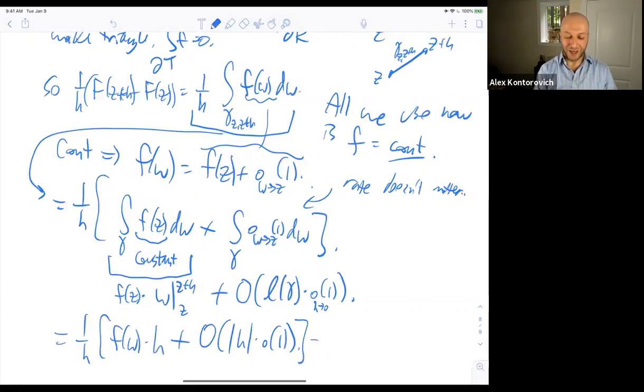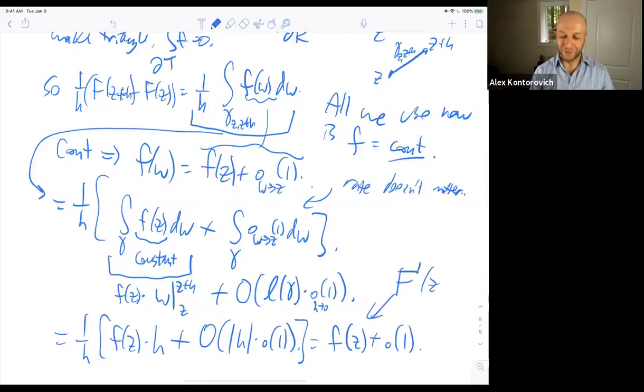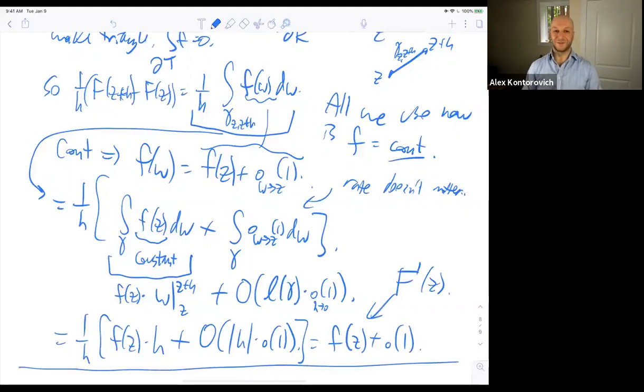And so when I divide by h, I'm just taking this constant f of z, so I just get f of z plus h over h, and I'm left with little o of 1. So that's it. We have a primitive. So this is f prime of z.